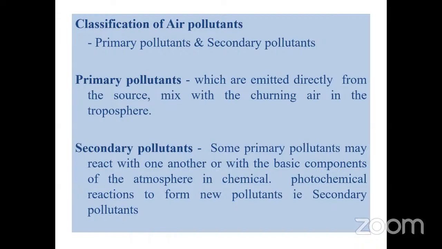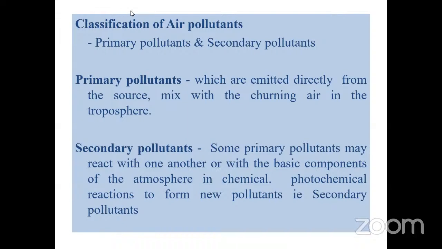Understand? The pollutants directly released from the source are primary pollutants. The primary pollutants react with each other, or with atmospheric components, which makes a third product. That product is called a secondary pollutant. Now answer me: are primary pollutants more active or secondary pollutants?